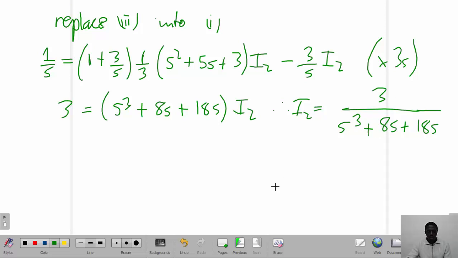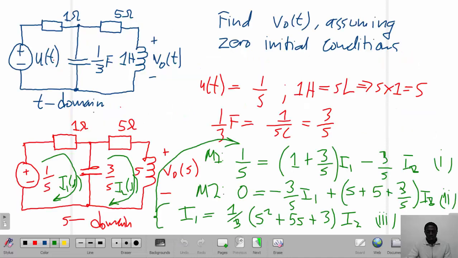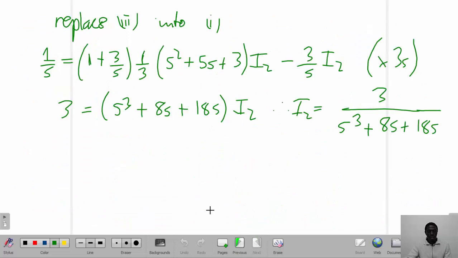I2, and we know from here that our I2 is in the second mesh, and therefore when we come here we should also know that the voltage across the inductor VOS is going to be equal to S, which is the value.